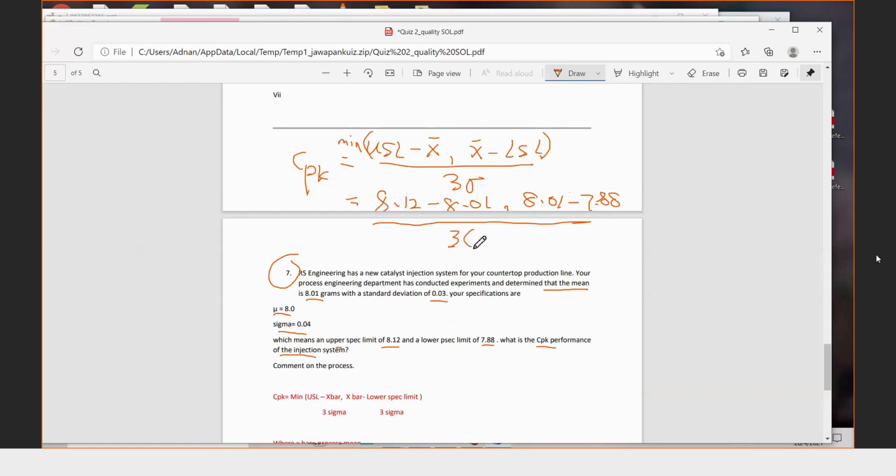Okay, divide by 3 sigma. What is the sigma now? 0.04. Okay, with standard deviation of, what is this?